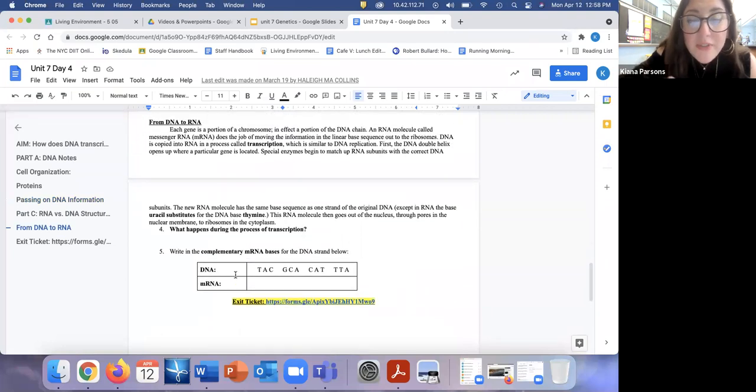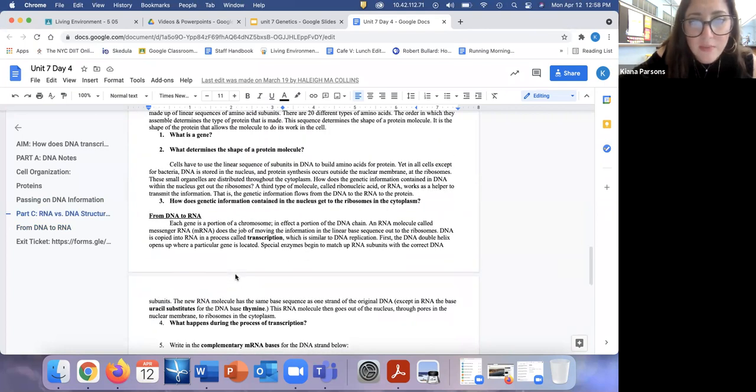Each gene is a portion of a chromosome, in effect, a portion of the DNA chain. An RNA molecule called messenger RNA does the job of moving the information in the linear base sequence out to the ribosomes. DNA is copied into RNA in a process called transcription, which is similar to DNA replication. First, the DNA double helix opens up where a particular... Did I skip this part?